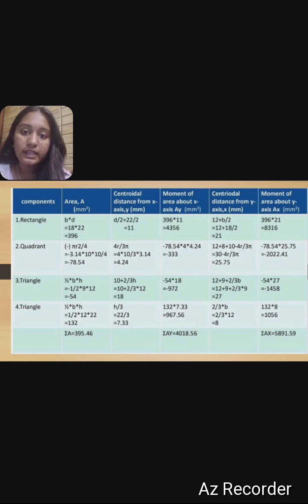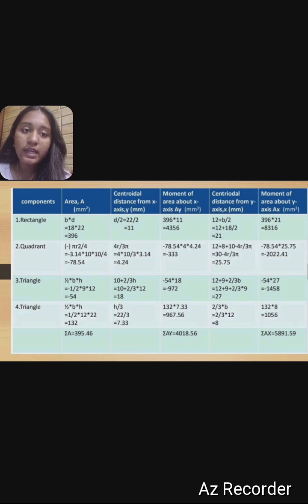Next, to calculate the centroidal distance from the y-axis, for the first one, the rectangle, it will be 12 plus b by 2, that is 12 plus 18 divided by 2, and we get 21. For the second, the quadrant, it is 12 plus 8 plus 10 minus 4r by 3 pi, that is 30 minus 4r by 3 pi, which gives you 25.75.